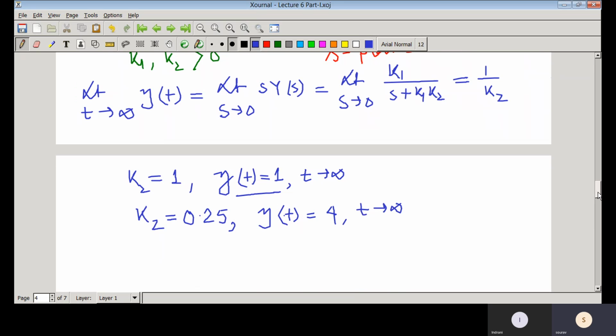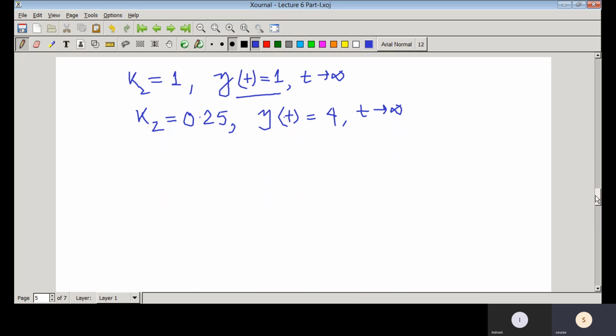One important thing to note: for applying the final value theorem, you first need to check whether sY(s) is analytic in the closed right half of the S plane. If it is not analytic in that region, you cannot apply the final value theorem. If you apply it, you will get a wrong result.